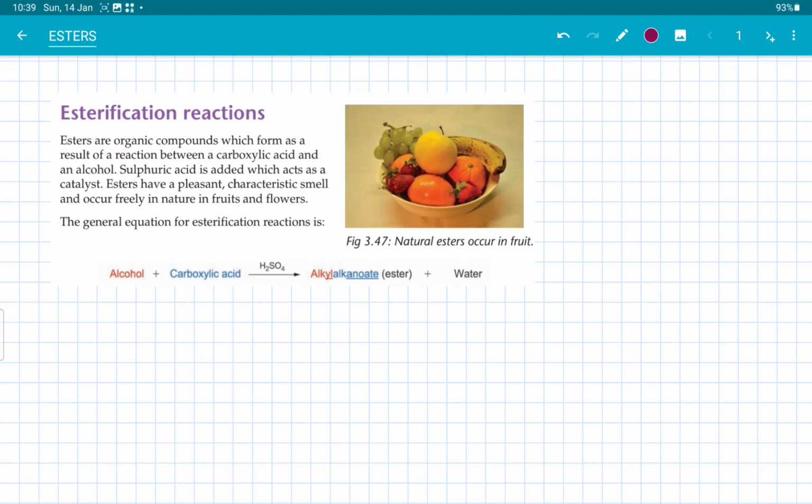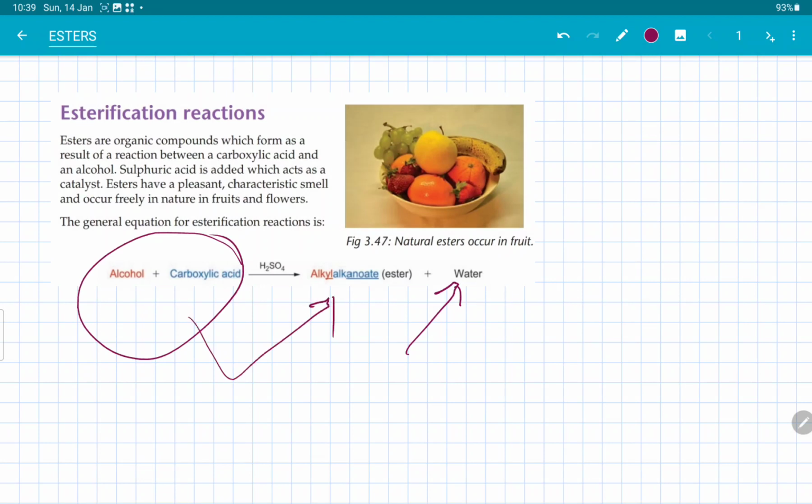When we combine an alcohol and a carboxylic acid to make an ester, the name is generally alkyl alkanoate, for example methyl butanoate. Water is a byproduct here. Since we are joining two compounds and producing water, we are also doing a condensation.